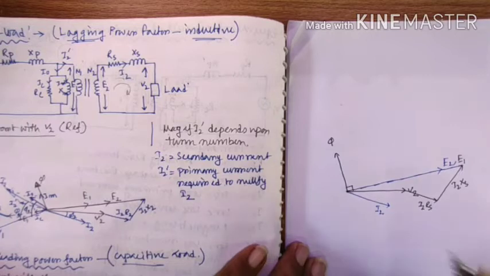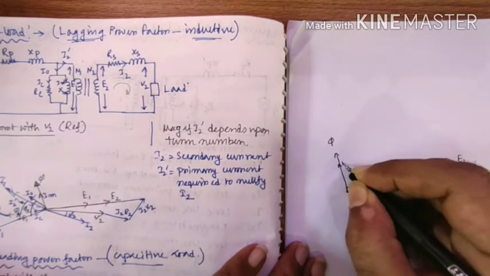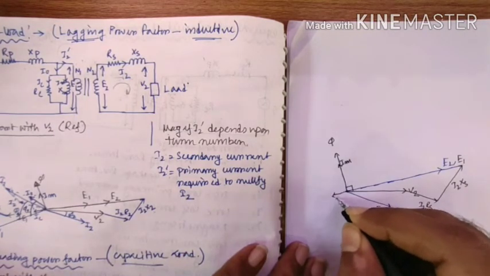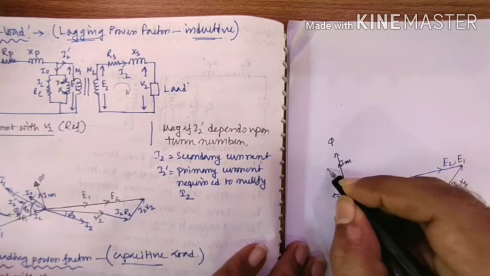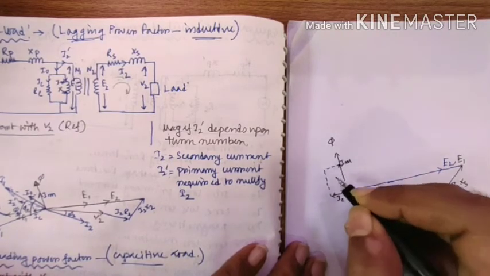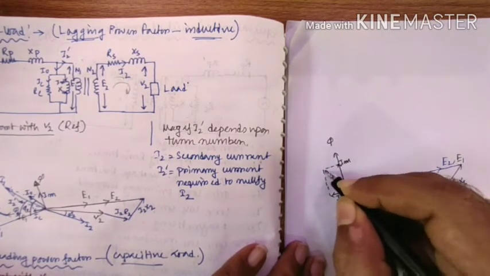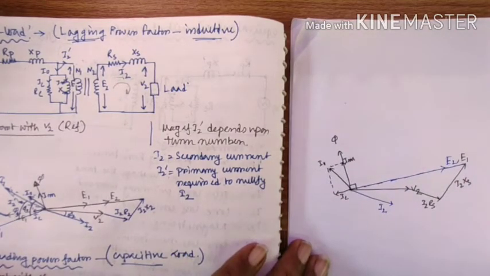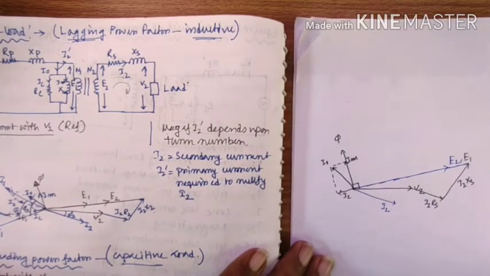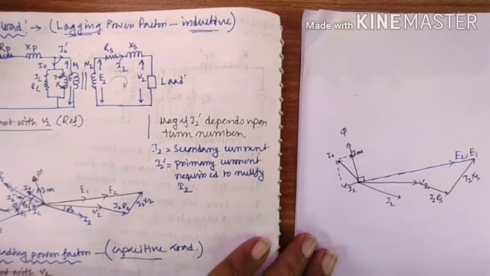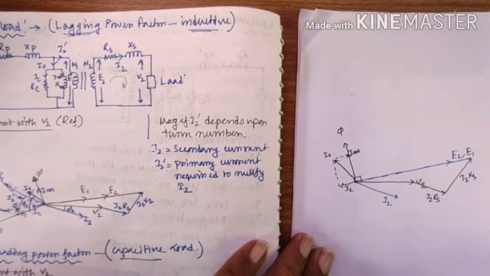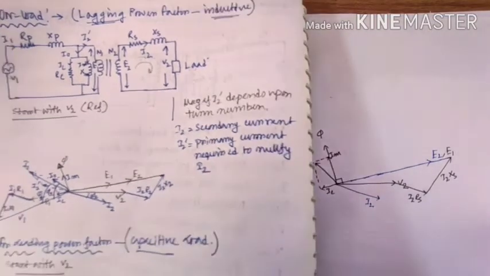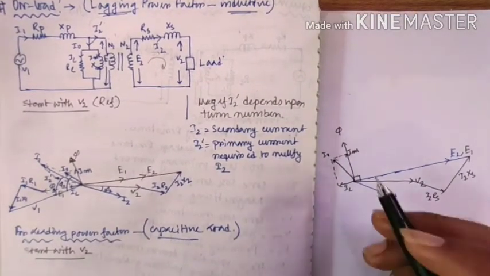So if this is phi, then the magnetizing component should be here, the loss component should be here, and their summation should give us I0, right? So this is I0.